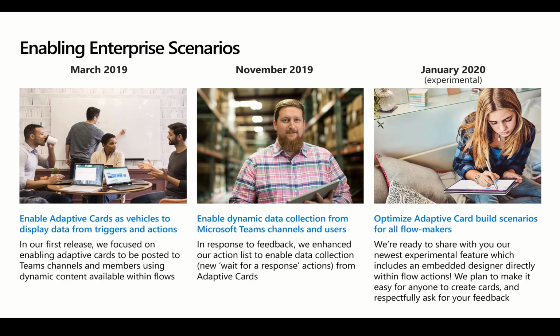Then in the second period around Ignite, we finished some work in order to give you continuation, because many people were saying, hey, I like that I can post an adaptive card. Hundreds of people were getting savvy at making adaptive cards, in the sense that we were getting emails saying, hey, I made a form in adaptive cards, but I'm not able to get the response back in Flow.